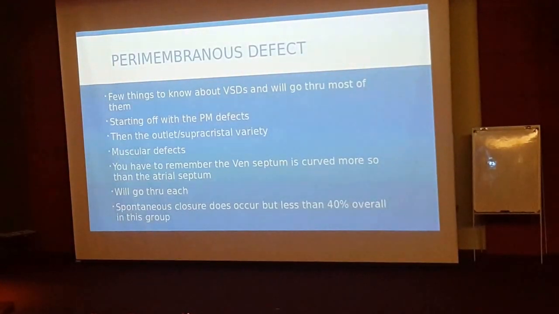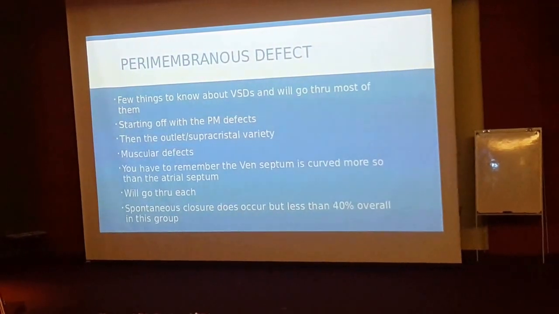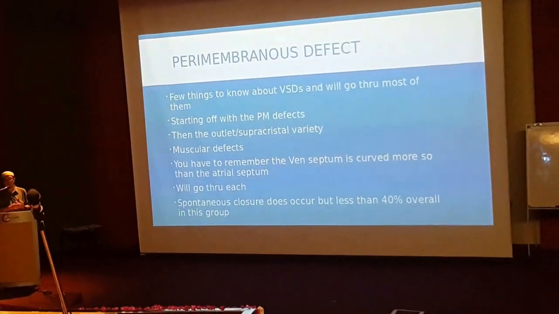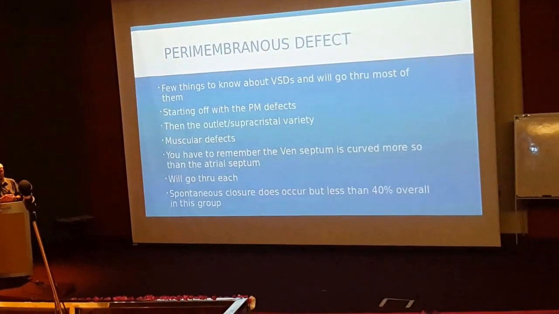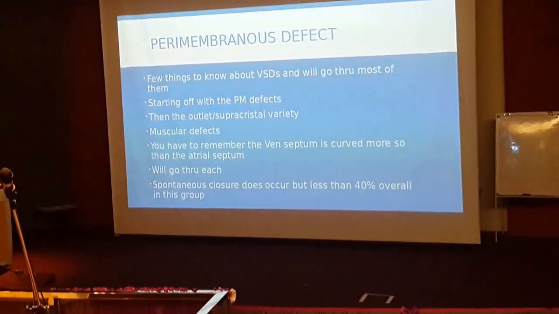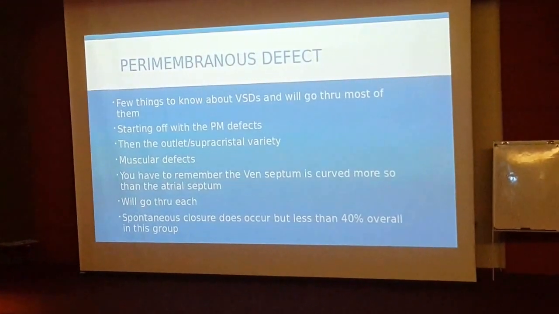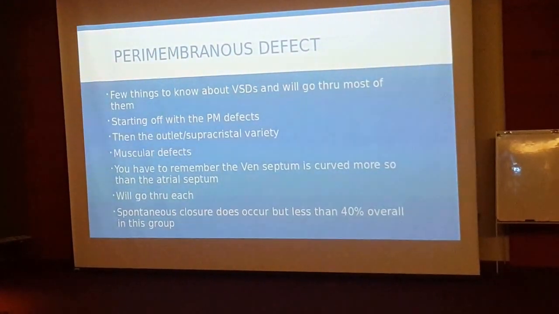Perimembranous defects are the largest, commonest group. So I'll talk about them, and then we'll talk about the outlet VSDs as well, which is our second commonest group. A few things to know about this defect is that most of our defects, the naturally occurring ones, are around the membranous region of the right ventricular septum.